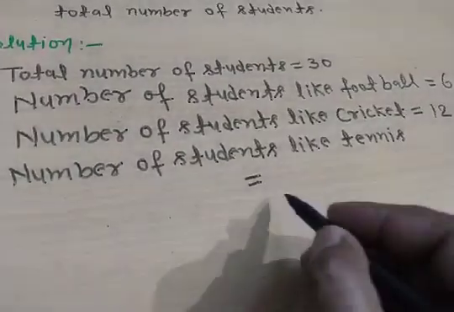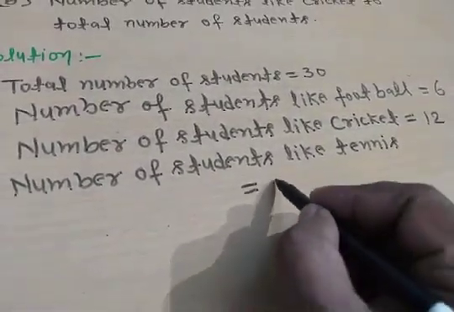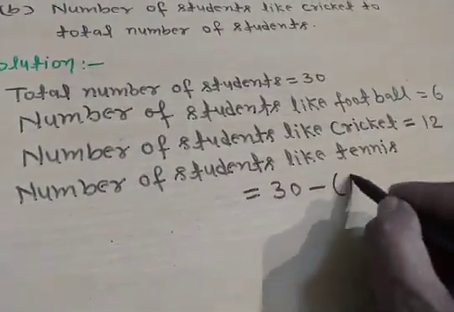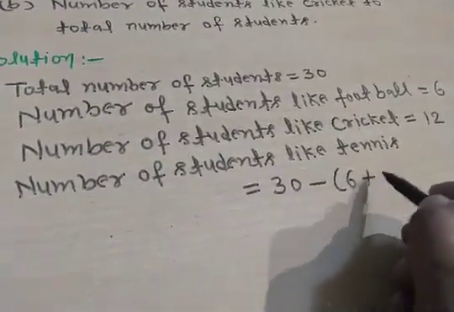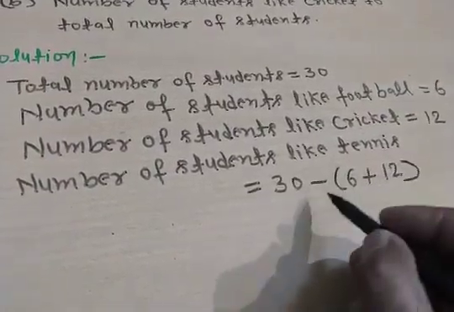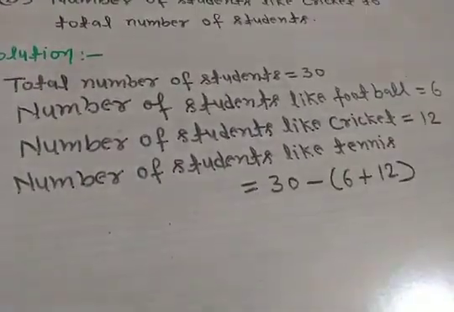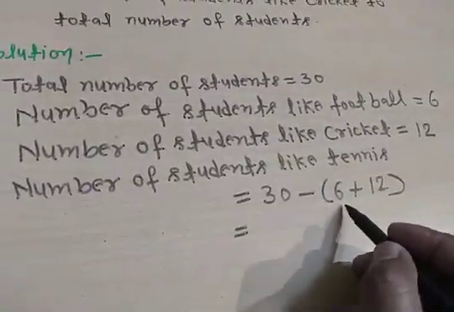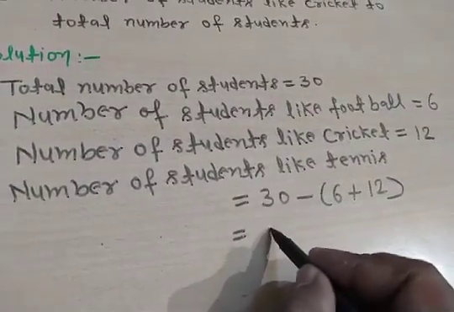So here total students is 30. But 6 students like football, 12 students like cricket. So we sum 6 plus 12, this is equal to 18.